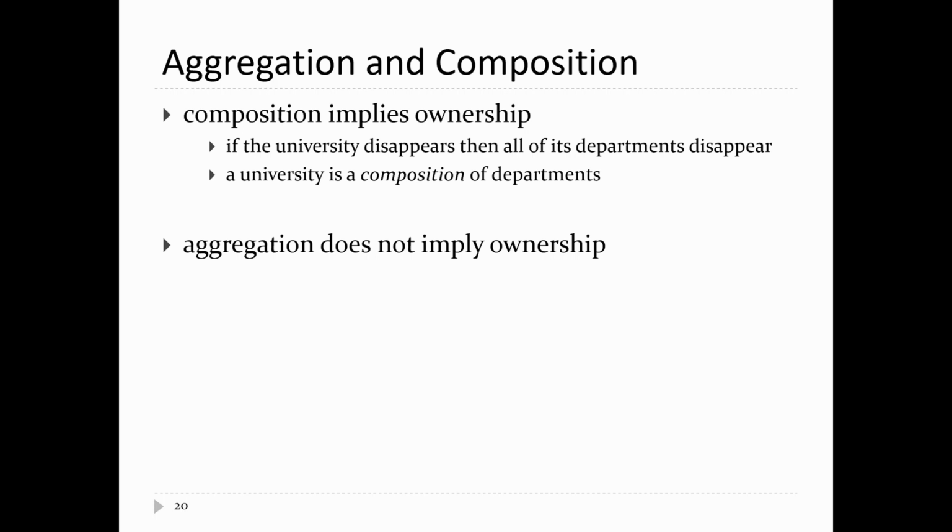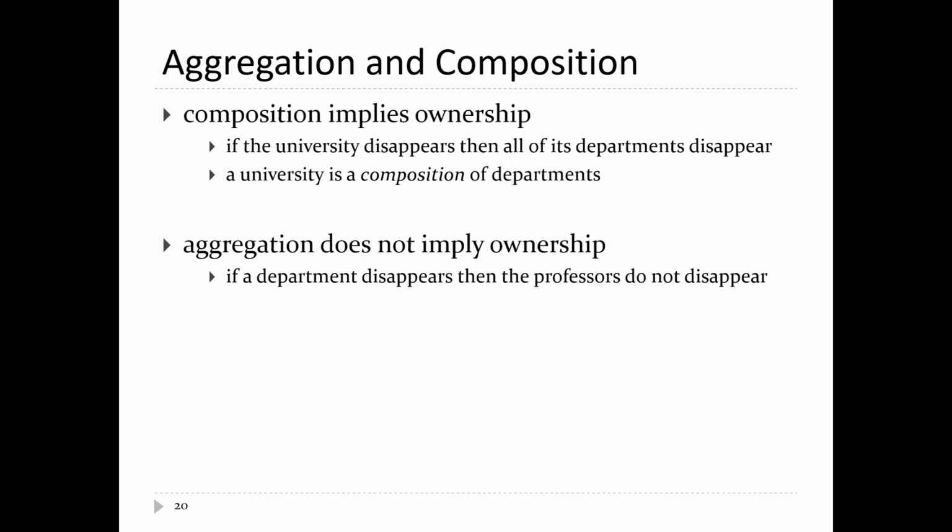In aggregation, if a department were to disappear, for example, if the School of Computing was to disappear tomorrow, its professors don't disappear. In other words, its professors will get scattered out to the rest of the university somehow. So the department does not own its professors.